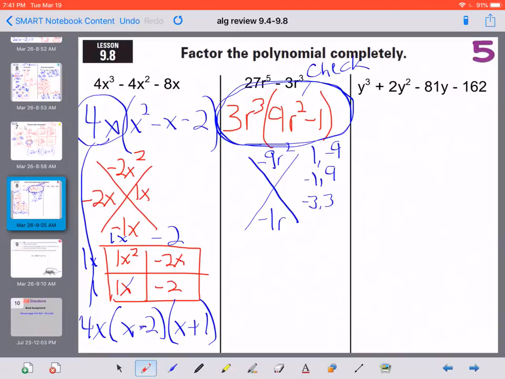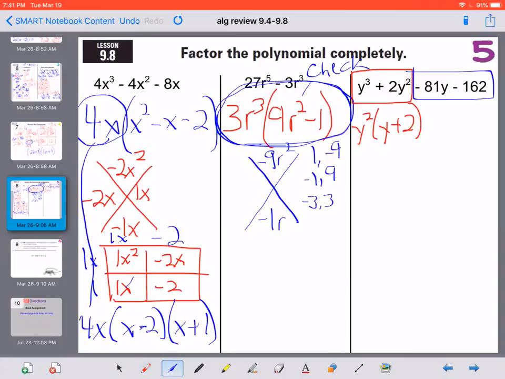Alright, this next one, I see I have 4 terms. So what I'm going to do is group these into 2 groups of 2 terms. So one here and one here. In the first group, looks like I can take out a y squared. When I do that, I'm left with y plus 2.